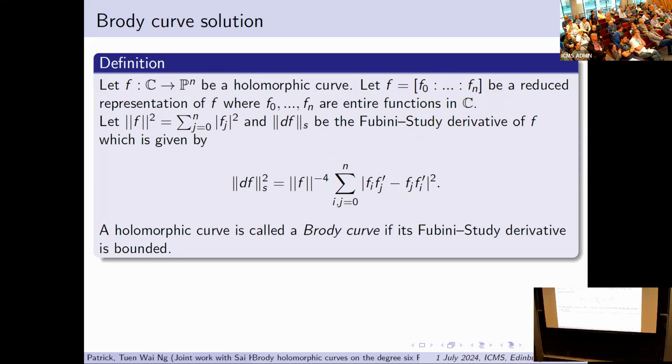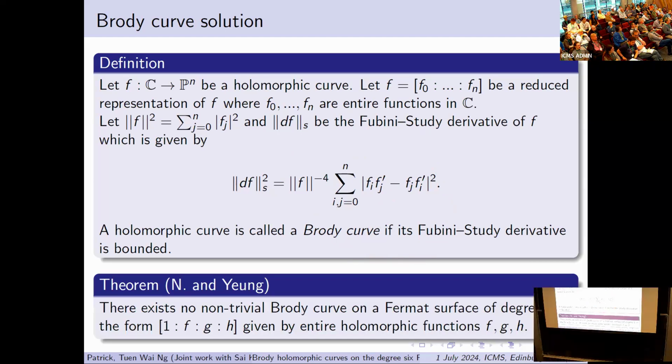Now I'm going to use the Euclidean norm, and then define the Fubini-Study derivative of the map F, given by this expression here. So F is a Brody curve by definition if this spherical derivative is bounded over C.